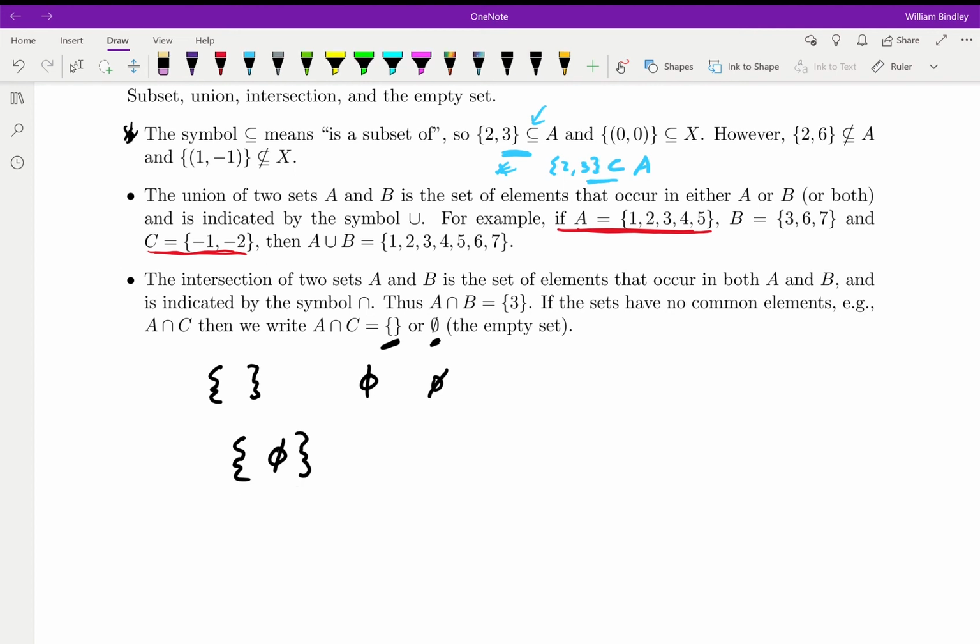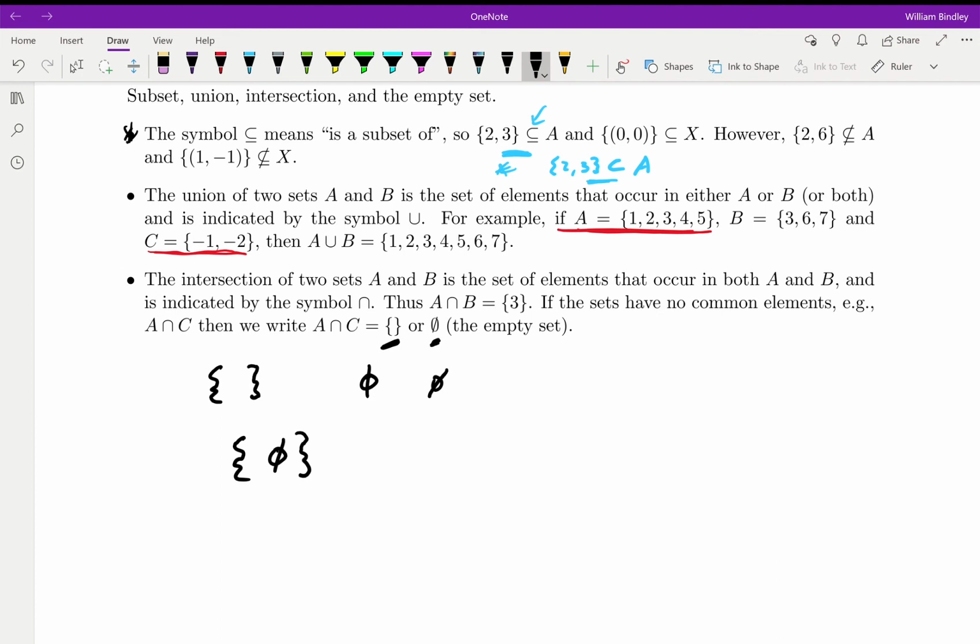The idea of an empty set might be a bit counterintuitive, but you can think of it like files. When you are organizing your files, you might make folders on your computer, and a folder can be empty. A folder can contain no files, just like a set can contain no elements. You can have an empty folder just like you can have an empty set.